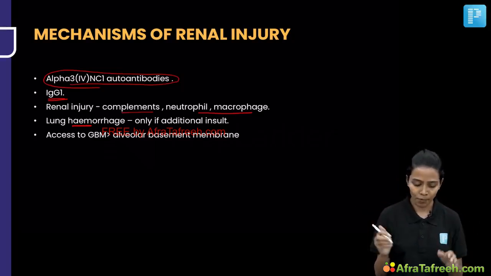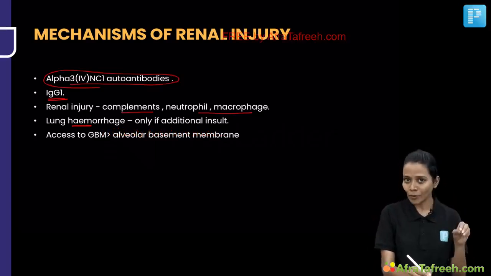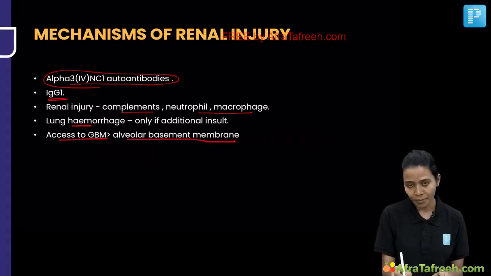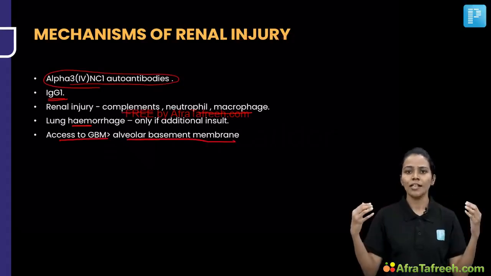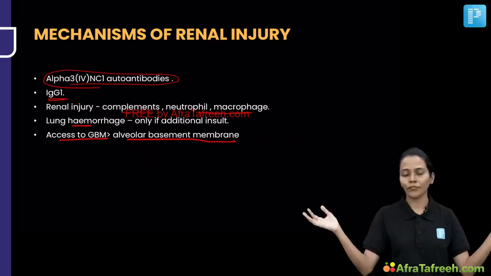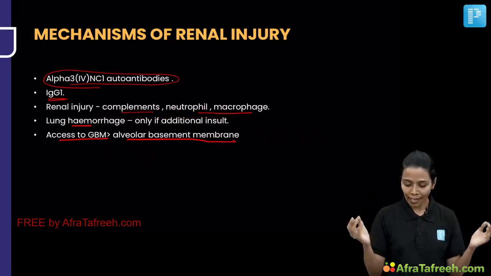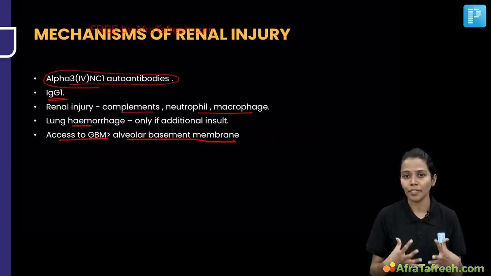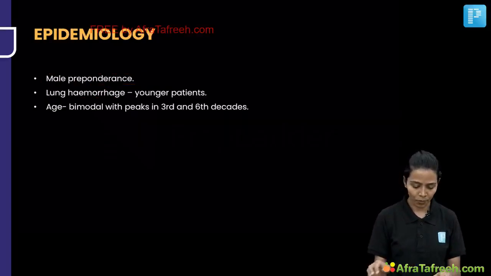Generally, why this happens is because these antibodies have very good access to the GBM, more than the alveolar basement membrane. We know that the glomerular basement membrane has a lot of fenestrations, a whole lot of capillaries. So a lot of antibodies can come, a lot of neutrophils and macrophages can come. That is why the glomerular basement membrane is affected with such intensity, while the alveolar basement membrane is not as affected.